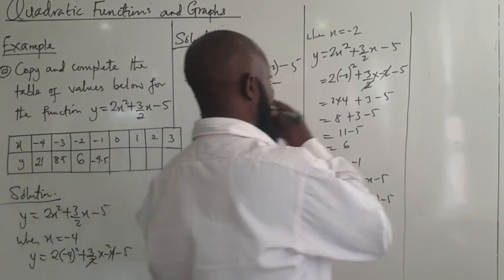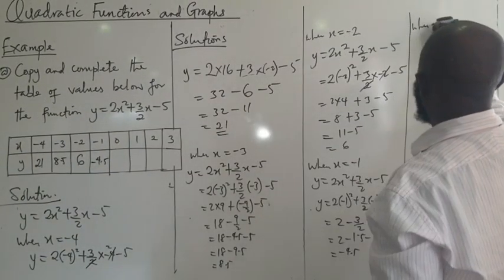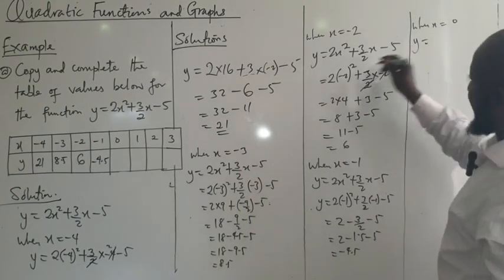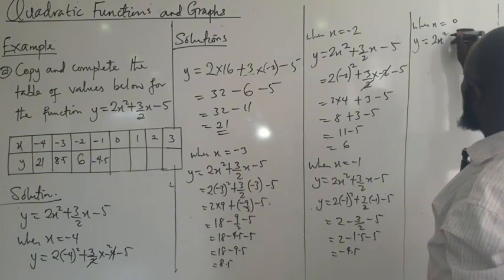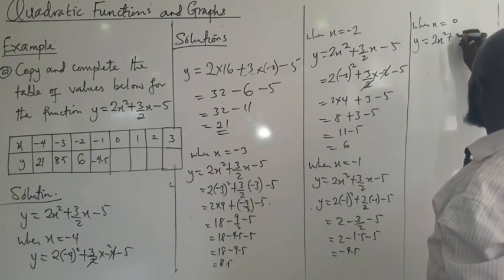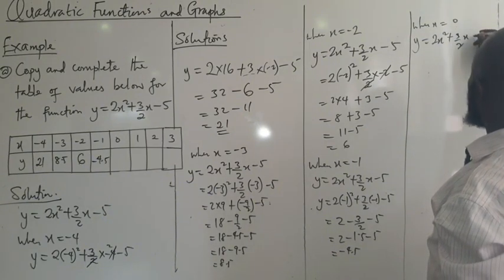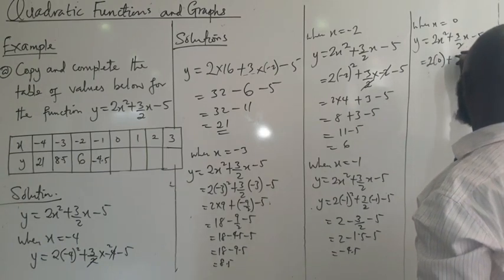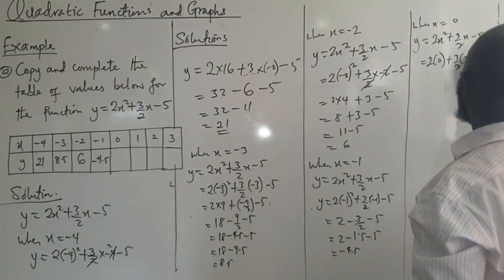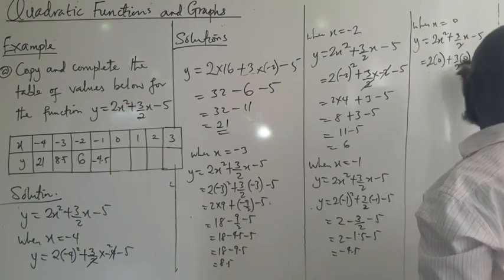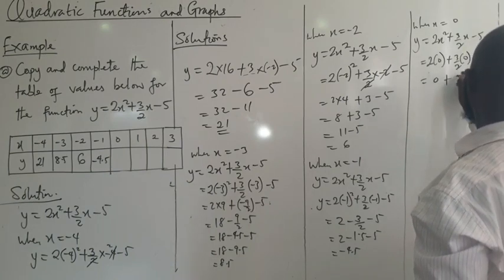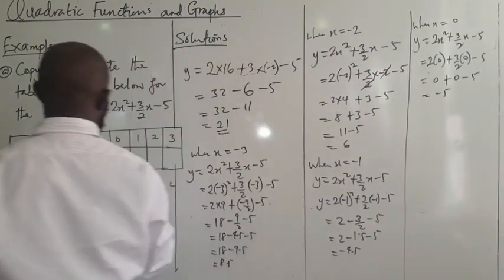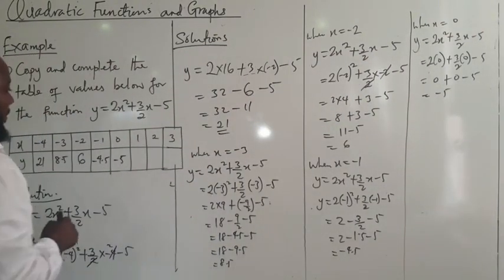When x is equal to 0, y equals the same thing, 2x squared plus 3 over 2x minus 5, which is 2 times 0, plus 3 over 2 times 0, minus 5. This is 0 plus 0 minus 5. The answer is minus 5. Right?